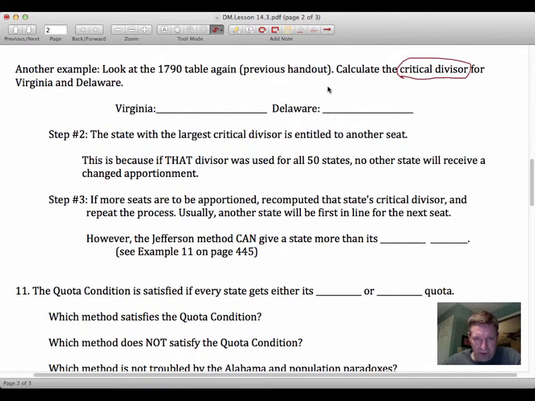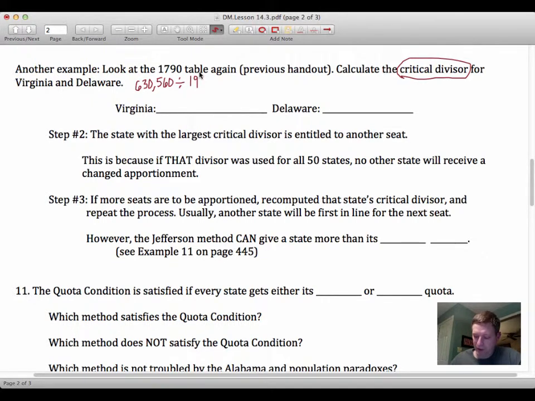So remember from the previous, we want to take the state's population. So for Virginia, it's going to be 630,560. I'll just write that down up here just to make it visible. That's the state's population, and we divide by, according to the formula, n plus 1. N plus 1 is simply just the number of seats that they are trying to earn, which is 19.